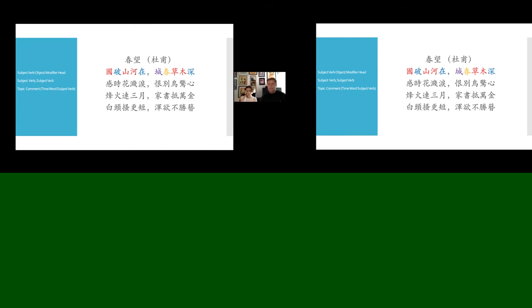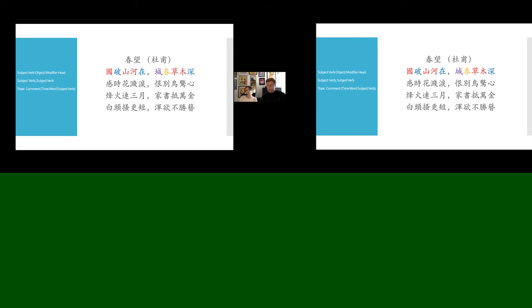And that's what you see here. So in this first couplet, the first line in red, that word guo, land, is basically a subject, followed by a verb. And then you have another subject followed by a verb. So you can regard those two things as two sentences.